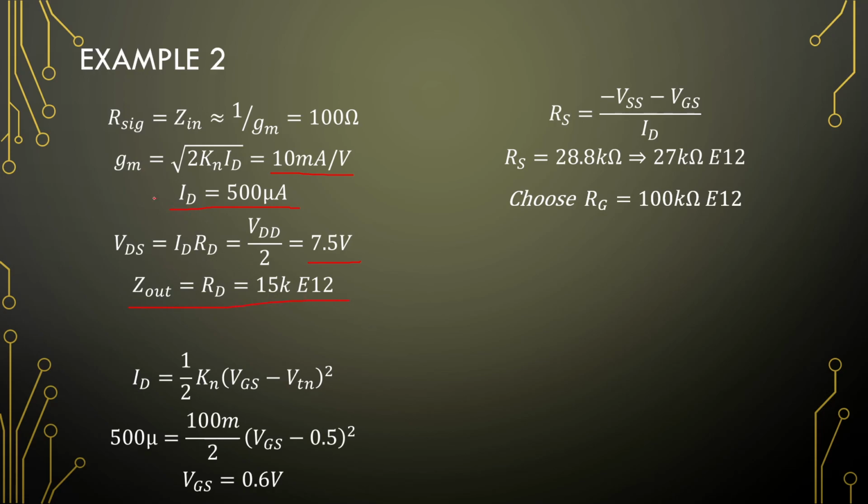Plugging in the current that we had in here, we get a gate source voltage of 0.6 volts. So this is much safer than the previous design, not so dangerous. Our overdrive voltage is 0.1 volt, still not 0.2, but it is already better.